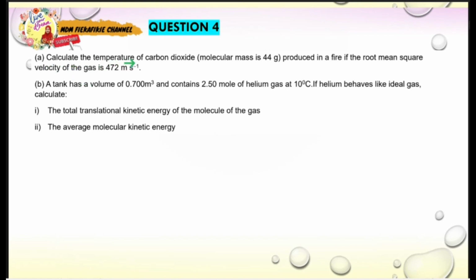So calculate the temperature of carbon dioxide given the molecular mass is 44 gram produced in a fire if the root mean square velocity of the gas is given, right? Okay, so now I want to answer question A. So given that the molar mass, okay, in gram, so make sure you change to kilogram. Okay, so 0.044.